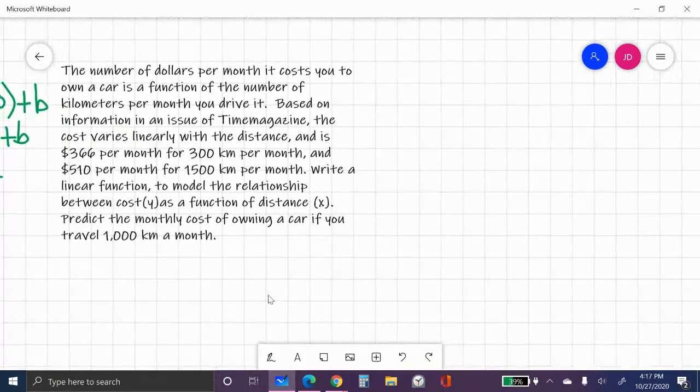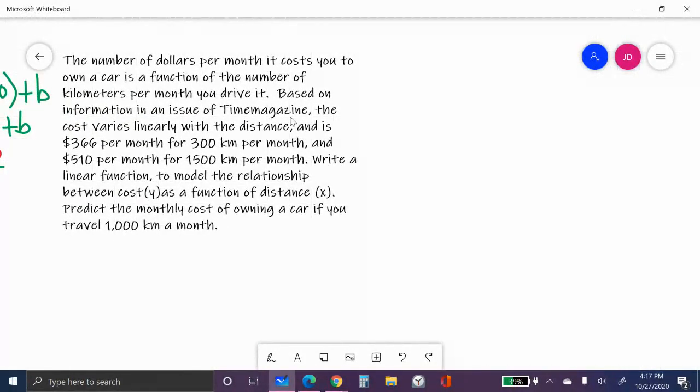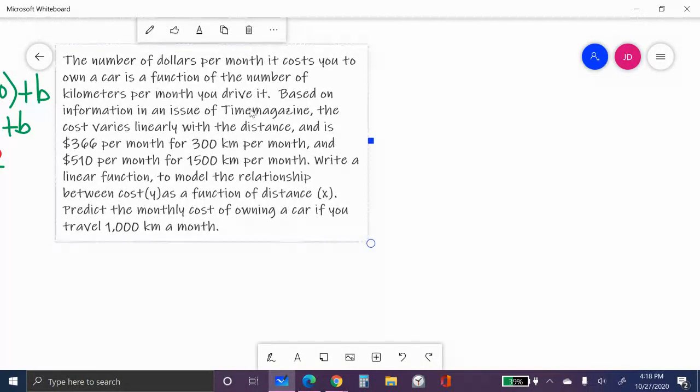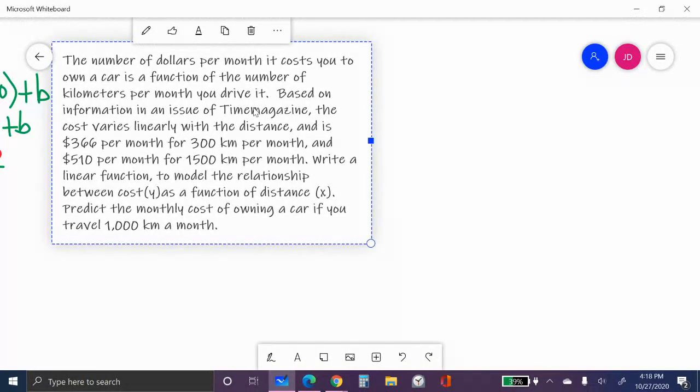The number of dollars per month it costs you to own a car is a function of the number of kilometers per month you drive it. Based on the information in an issue of Time magazine, the cost varies linearly with the distance. I'm going to fix this Time magazine because that is bothering me. There we go.